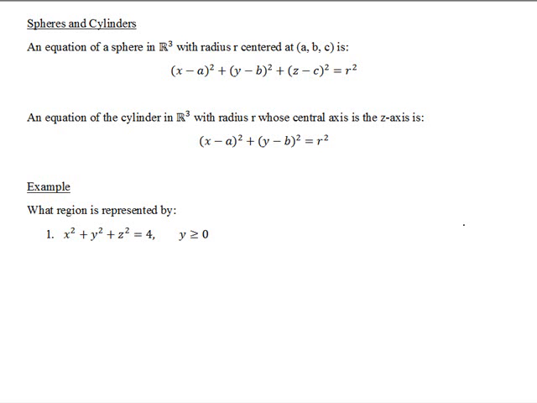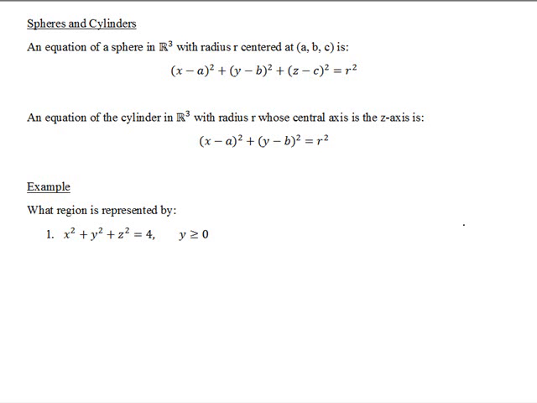A sphere is like a circle in 3D. An equation of a sphere in R3 with radius r centered at (a, b, c) is (x minus a) squared plus (y minus b) squared plus (z minus c) squared equals r squared. You have seen something like this before in R2.